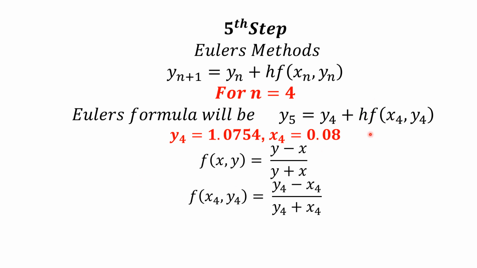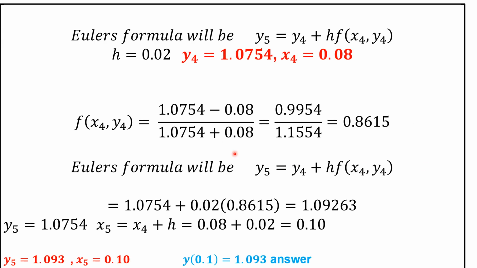So this function we will calculate. y4 we have already written. What are the values of x4 and y4 from the previous step? That will be the value of f(x4, y4), right? So we will calculate again. We know the value of y4 that we calculated in the previous step. So same I am writing here.